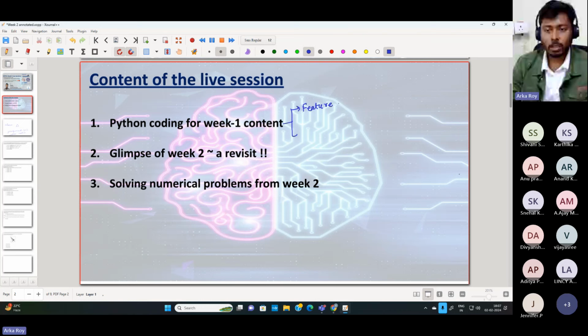We learned about feature extraction, and in feature extraction, mainly we talked about image based feature extraction, and some features were also discussed regarding audio based feature extraction.